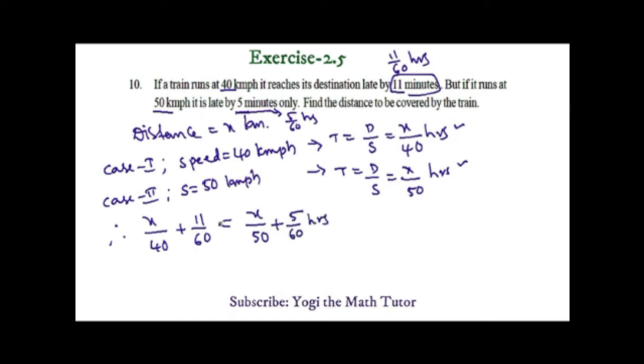Now as per the problem, x by 40 plus 11 by 60, and x by 50 plus 5 by 60. Now I am adding the total times here, with the late times, and then we take the LCM of 40 and 60.